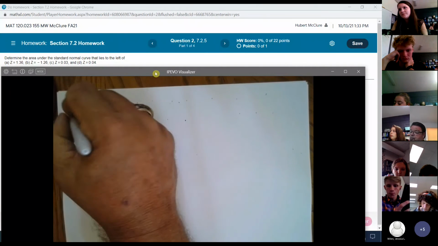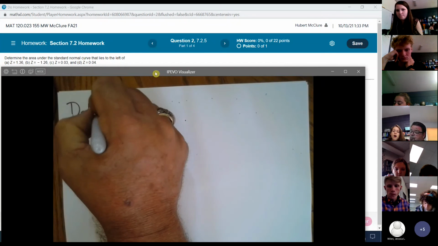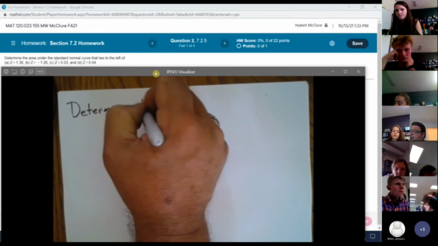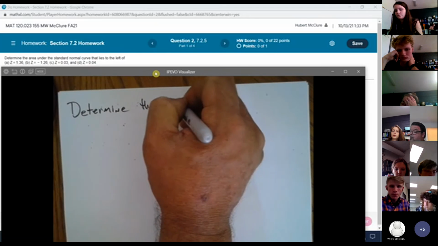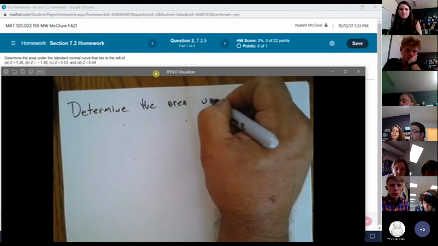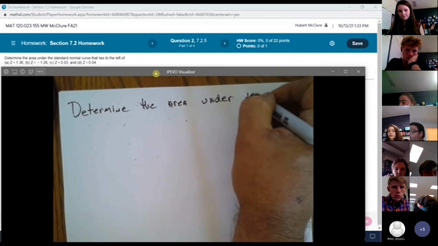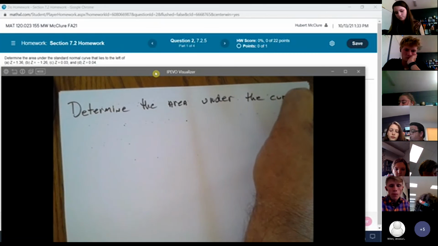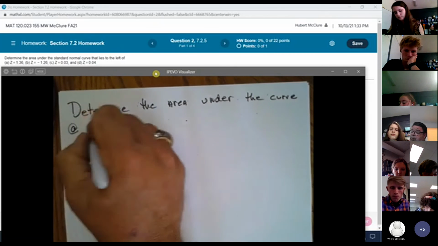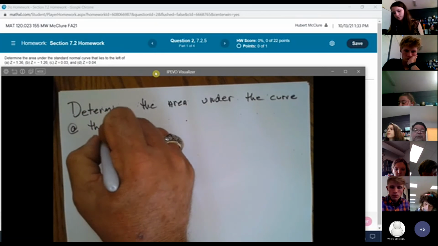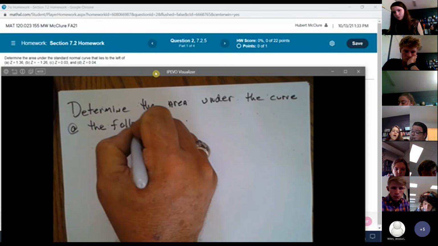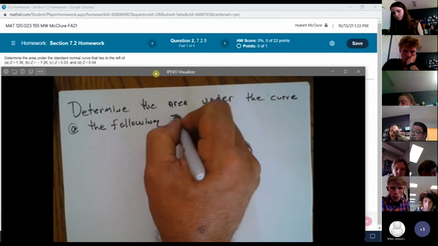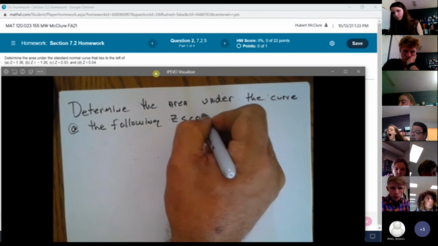Determine the area under the curve at the following z-scores. I don't know if that's what they say, but that's what I'm writing.